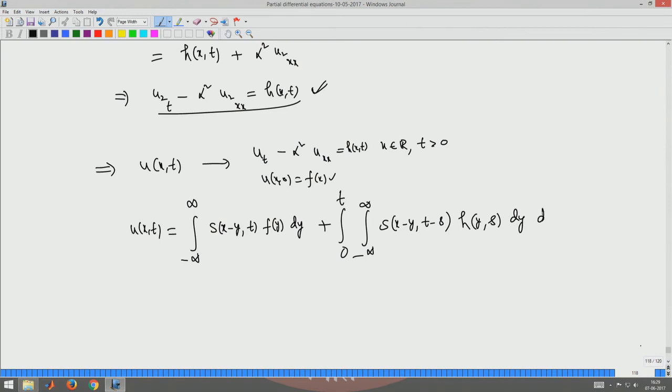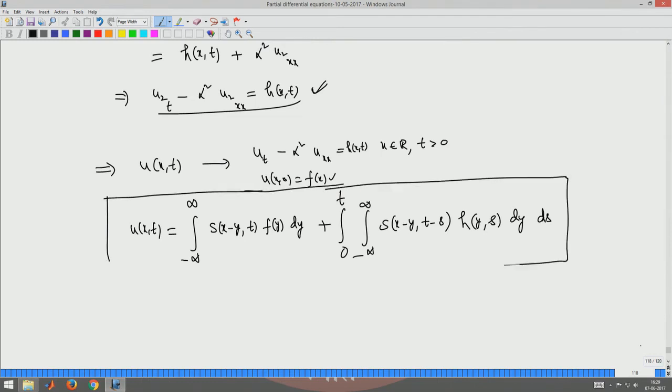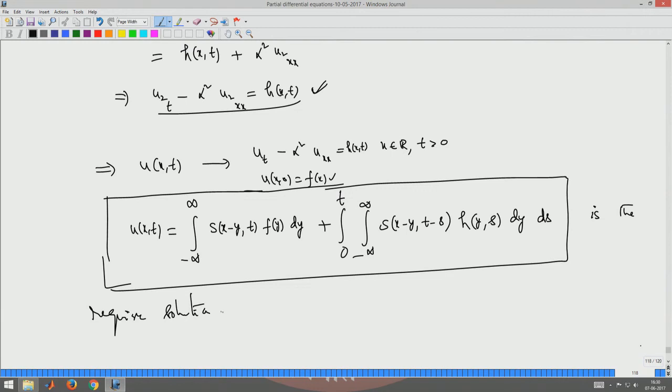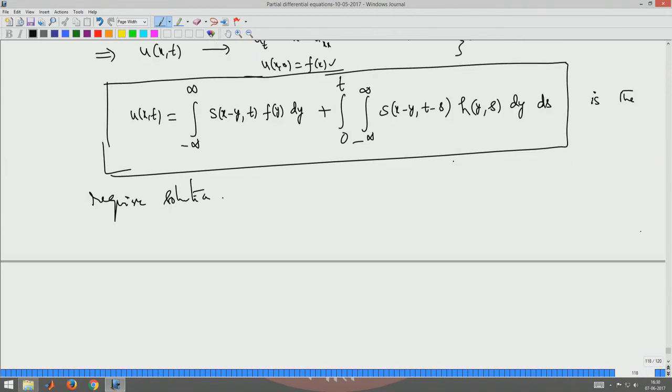Here s is the integrating variable from 0 to t. So, this is my solution for the non-homogeneous problem. This is the required solution for this non-homogeneous heat equation with the initial data f of x.